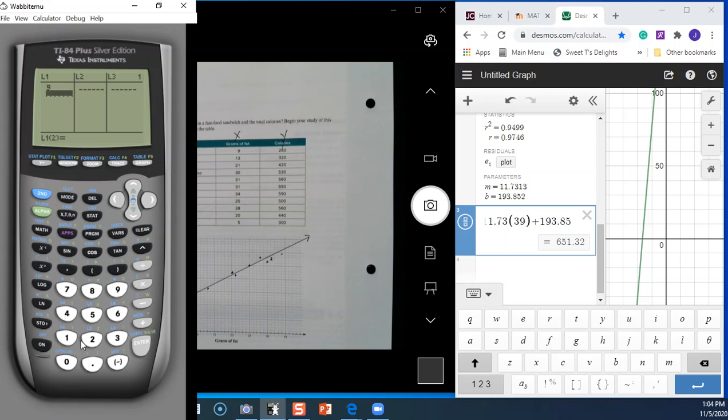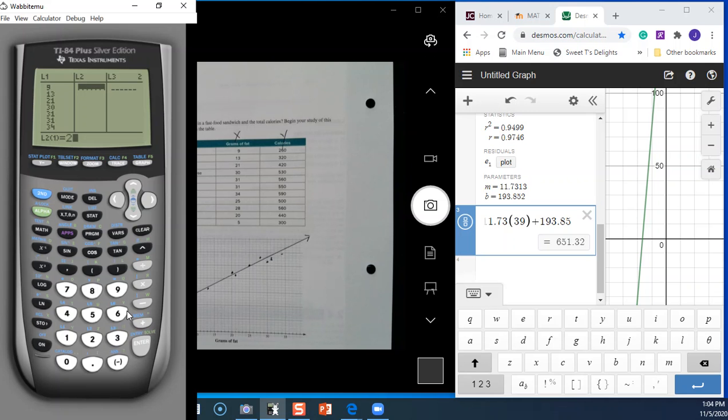So we had 9, 13, 21, 30, 31 twice, 34, 25, 28, 20, and then 5.